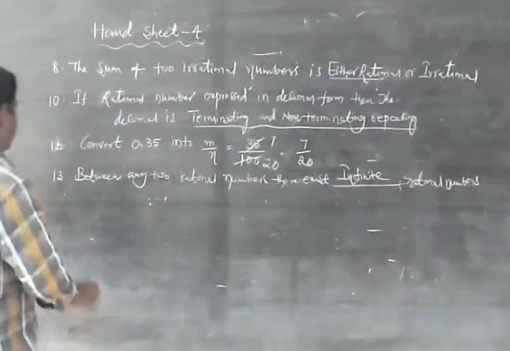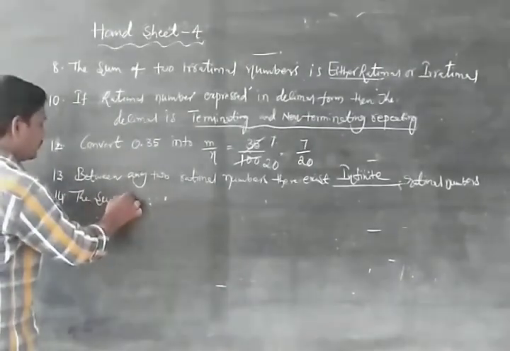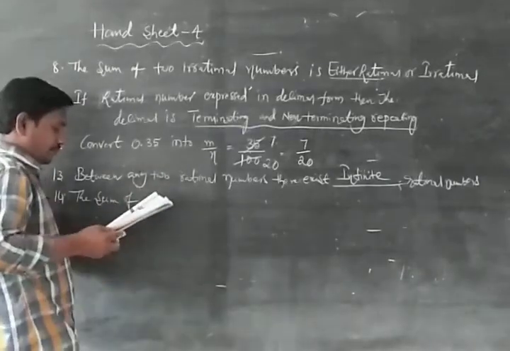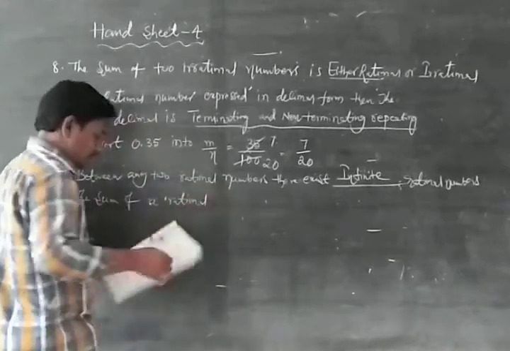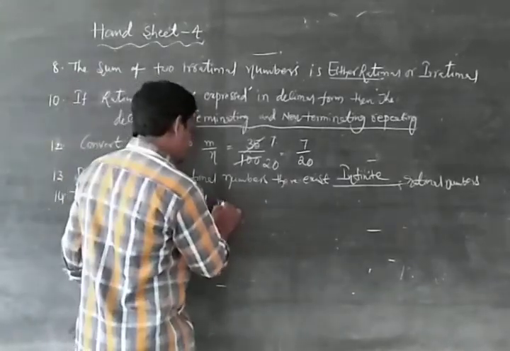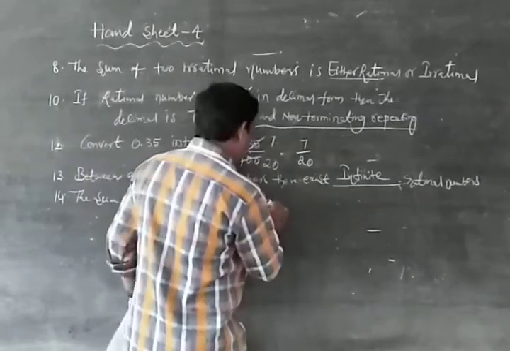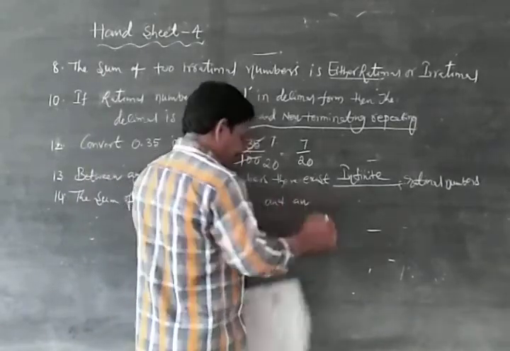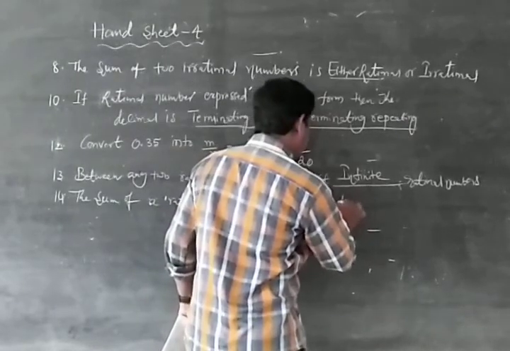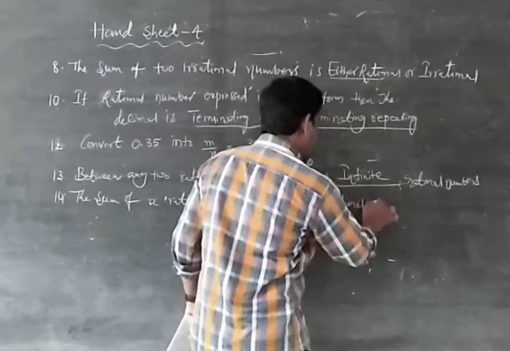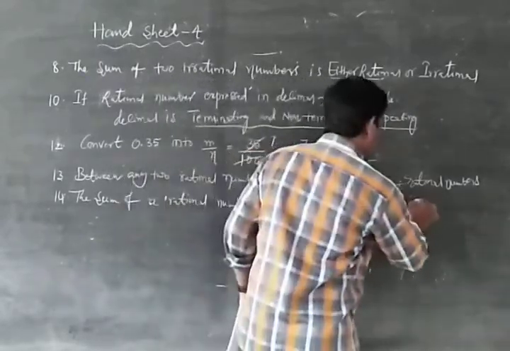The sum of a rational number and an irrational number is dash.